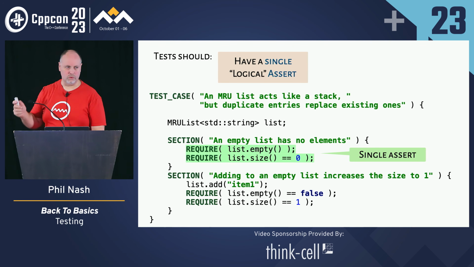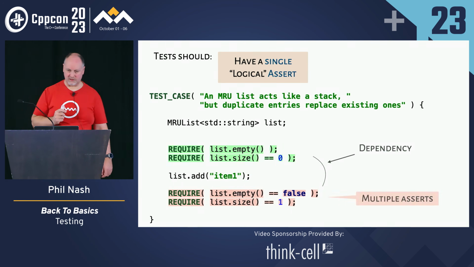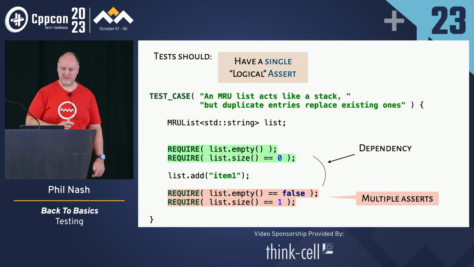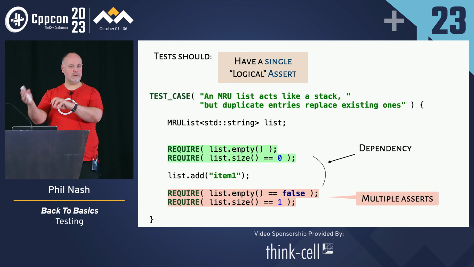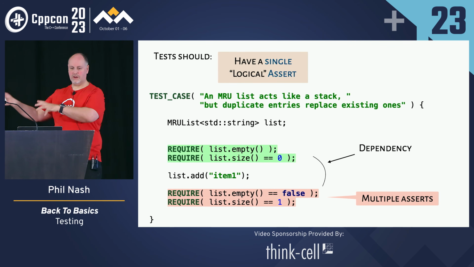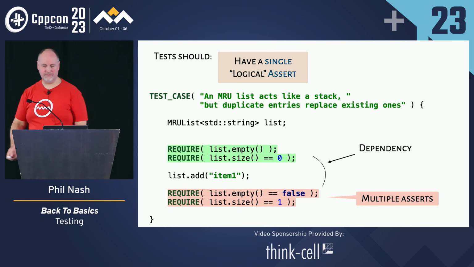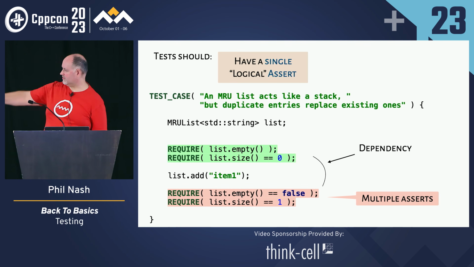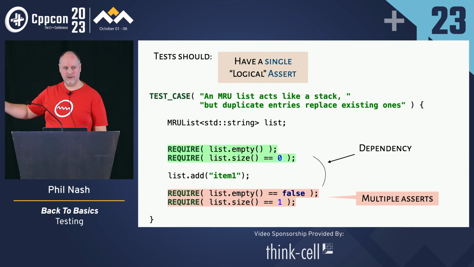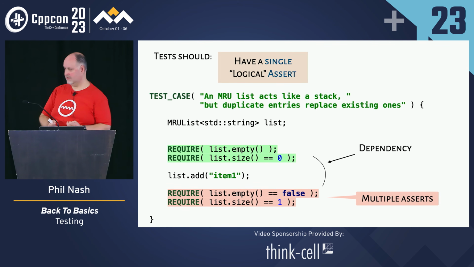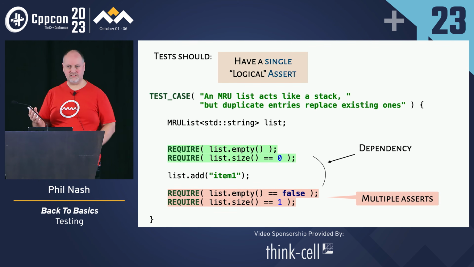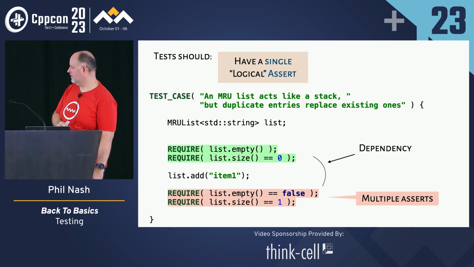What the single assert rule is trying to protect you from is this sort of thing, where you say, okay, I'm in the empty state, I'm going to assert on that. Now I'm going to perform the action, and now I'm going to assert on something different. These are now multiple asserts, and you've got like a dependency between them. And that starts to, well, it makes the test more complex. It makes it less obvious what's happened if it fails.